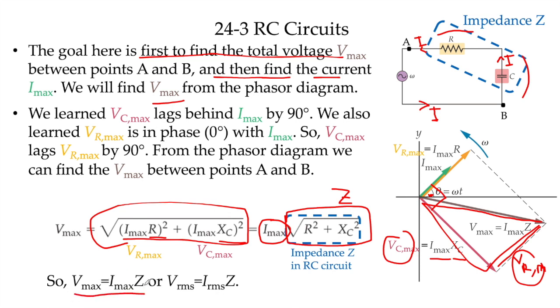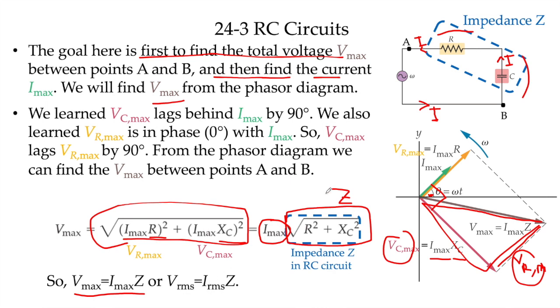So on the capacitor, we had I max times XC, I max times the capacitive reactance. If you have only R, it's basically Ohm's law, I times R. But if you have both of them, R and C in the circuit, this combination is called the impedance. Okay? And it just looks like Ohm's law. You can use it with maximum values of the current and the voltage, or RMS values of the current and voltage.